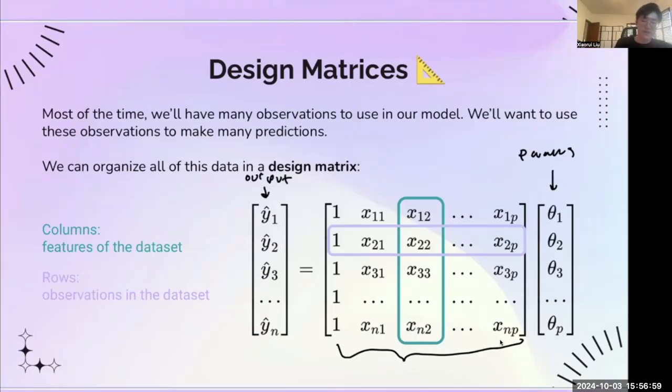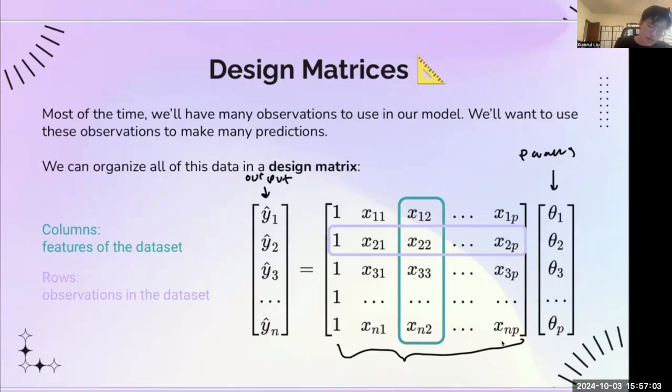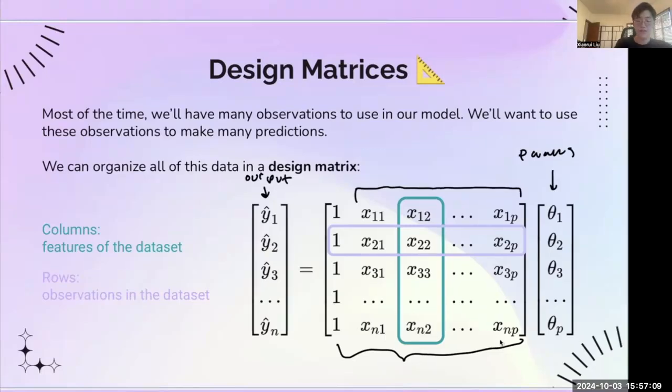You could see that this is basically a lot of vectors on top of each other. And you can imagine that this, where all our features reside, comes from a data frame of selected columns. And then after we multiply this matrix with the params we pick, we should get the predictions we want.